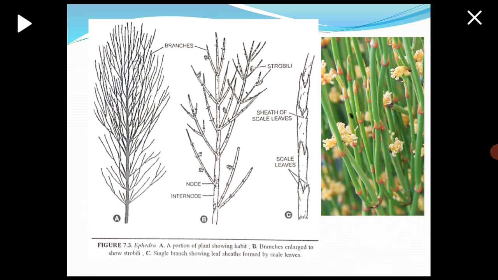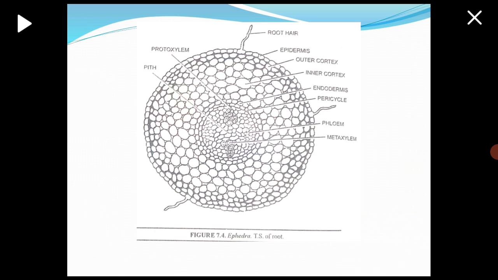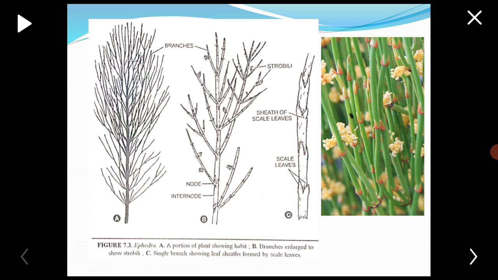The next crop of branches comes out in the next growing season. Profuse branching, reduced foliage leaves, and the jointed nature of the stem give the plant the appearance of Equisetum. The plants are therefore commonly called jointed fir.